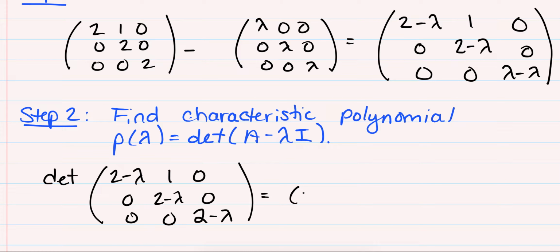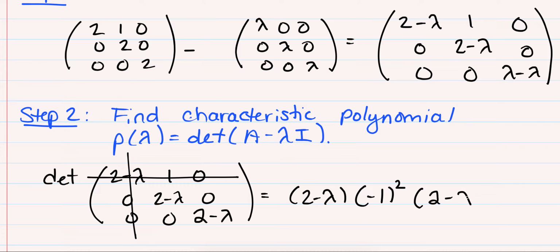is 2 minus lambda times negative 1 to the 2. Then we cross this one out and this one out. And then we take the determinant of this matrix, which is 2 minus lambda squared minus 0. Okay? And then if you go down this column, you're going to get minus 0 plus 0.